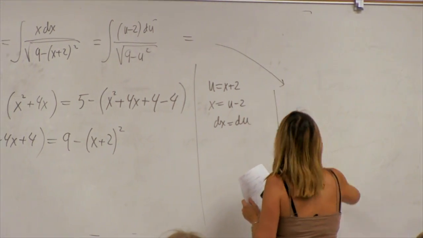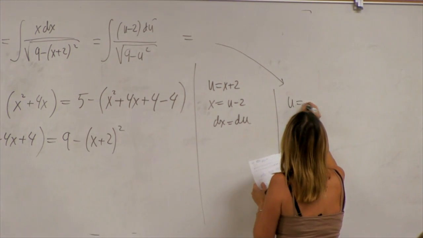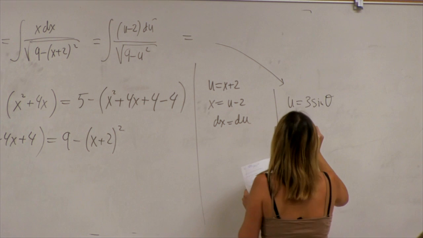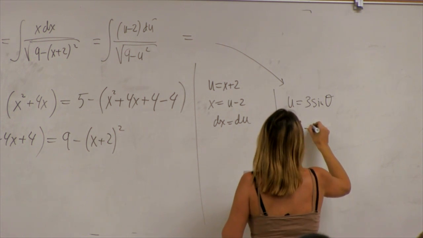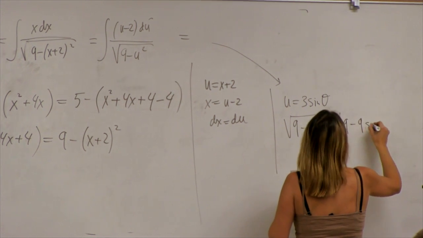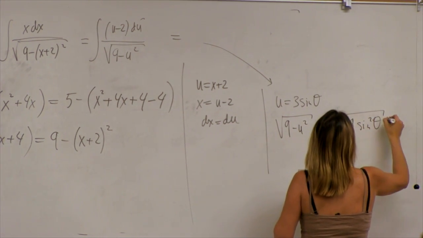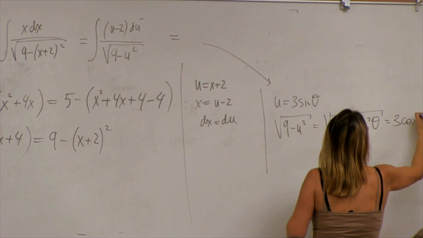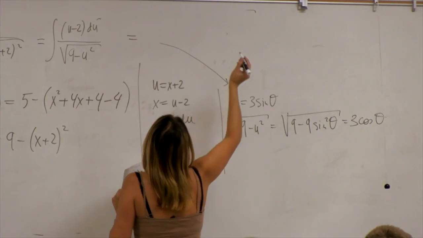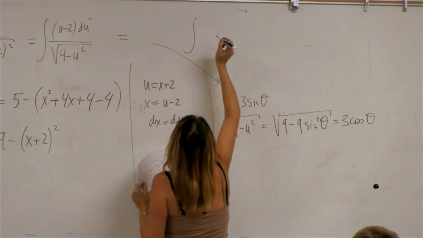I'm going to set u is 3 sine theta. So under the square root, 9 minus u squared, what do I have? 9 minus 9 sine squared theta, which is 3 cosine theta. So that's how much the square root is simplified. So let me just do this.